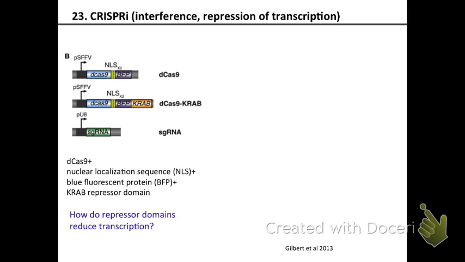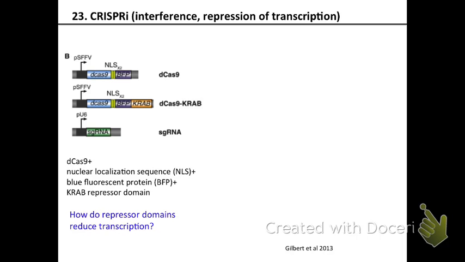Very good, right? So these repressor domains can recruit co-repressor complexes such as the histone deacetylase complex that's going to deacetylate things and keep things down, right? So it's going to shut off transcription. That's what the repressor domain is. And so they're going to take that repressor domain and fuse it to this dCas9.